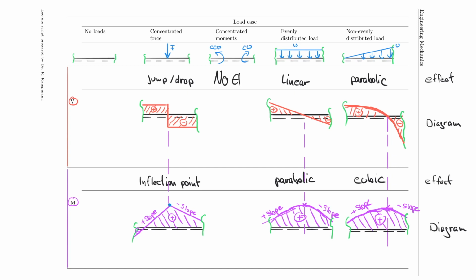No effect. That is important to understand. So I'm going to use these faint gray lines here to say that nothing happens here really. It's kind of amazing that you have a load case, but it has no effect on the shear force diagram. However, it has a very important impact on the bending moment diagram, and the bending moment diagram actually now has a jump or a drop in it.